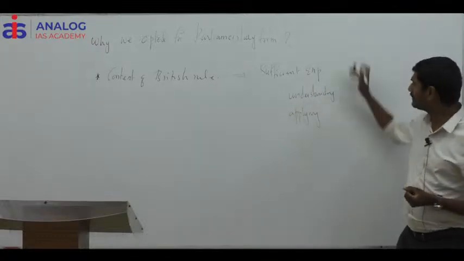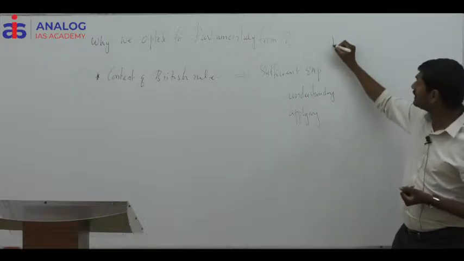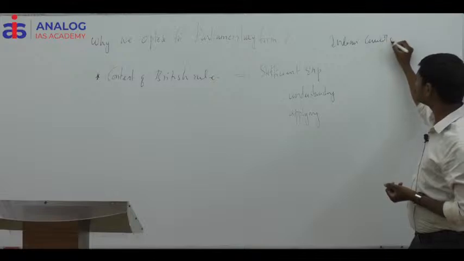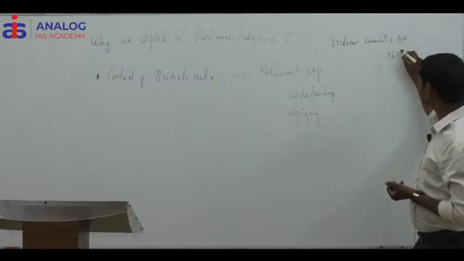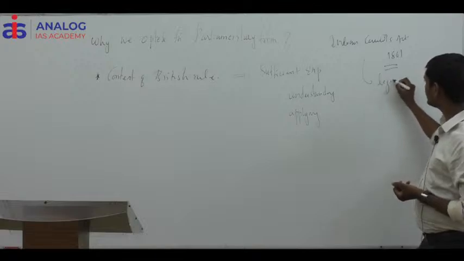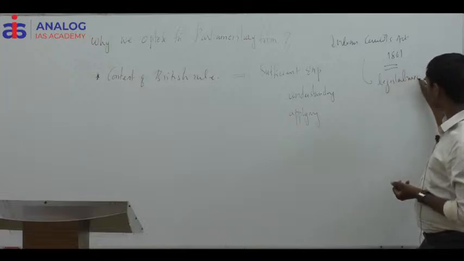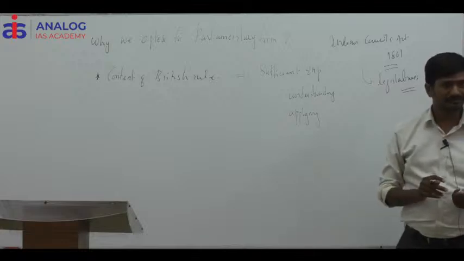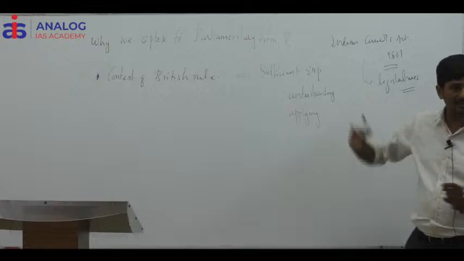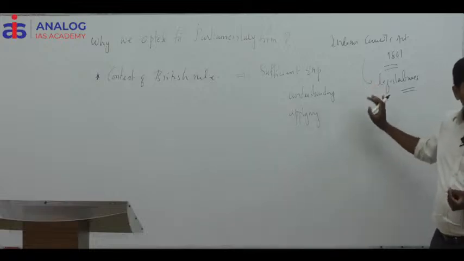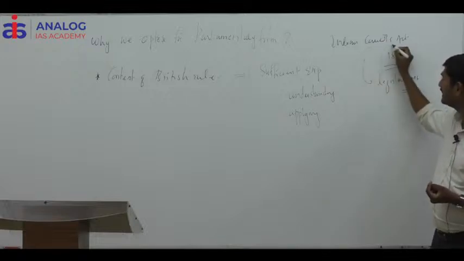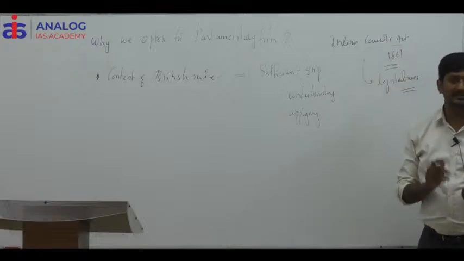For example, in the Indian Councils Act of 1861, for the first time in India, legislatures were introduced. Of course, before that, in the 1853 Act, there is a term called the Legislative Council, but the clear institutional apparatus was introduced by the Britishers in the Indian Councils Act of 1861.